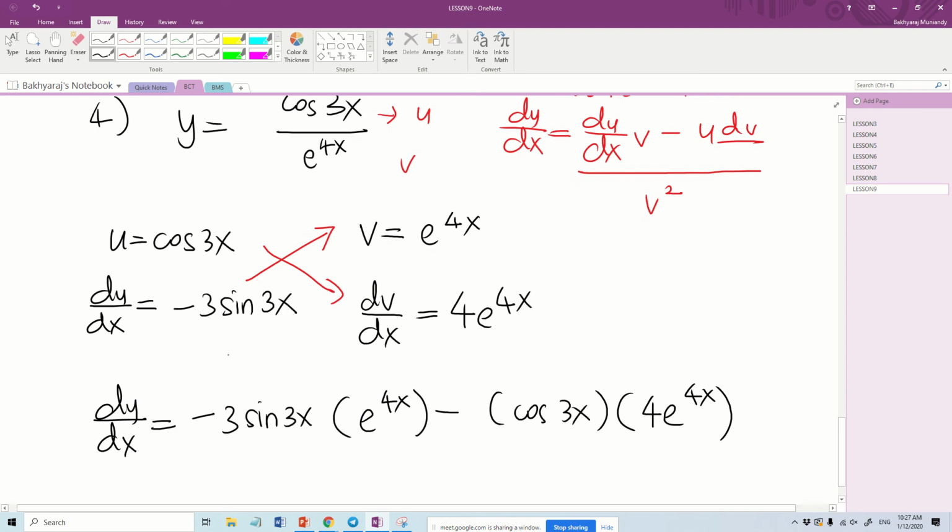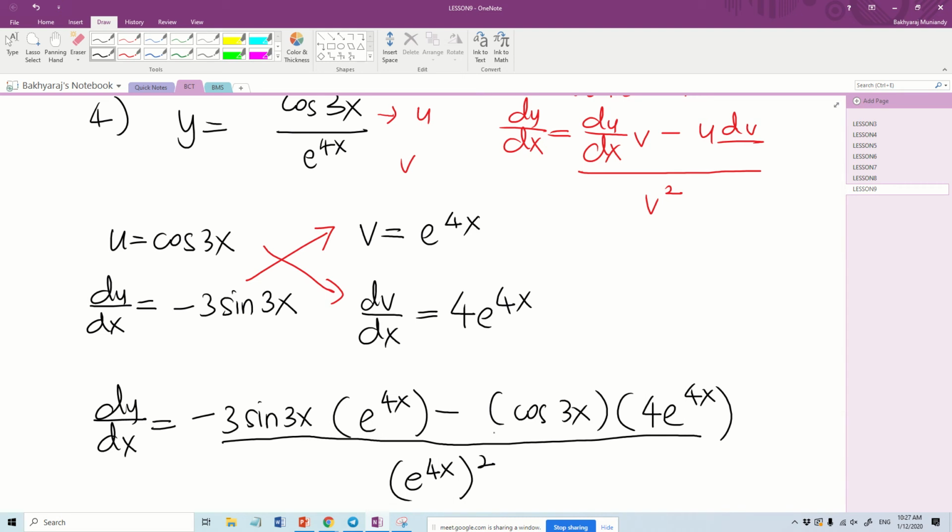So e^4x squared. Okay, you need to simplify, because everywhere you see you have exponent, so you need to simplify.